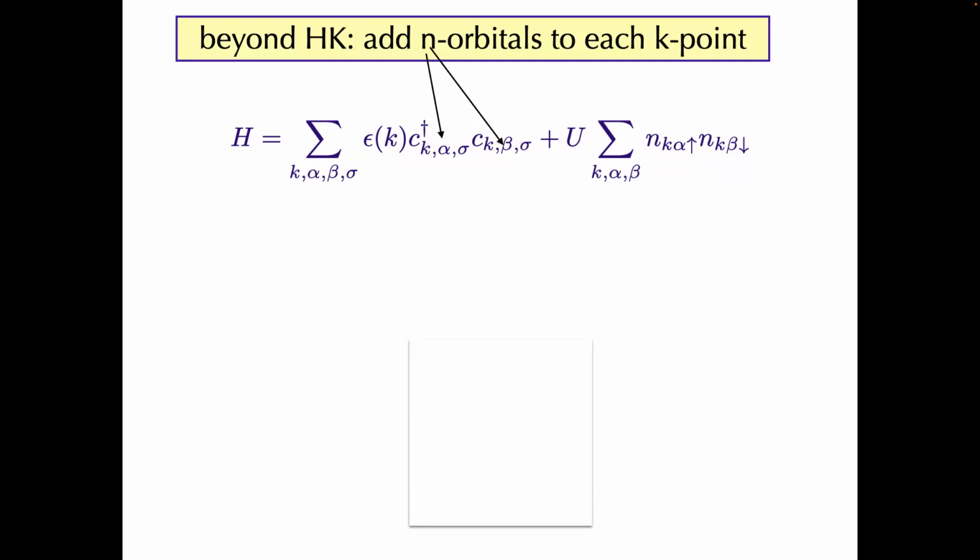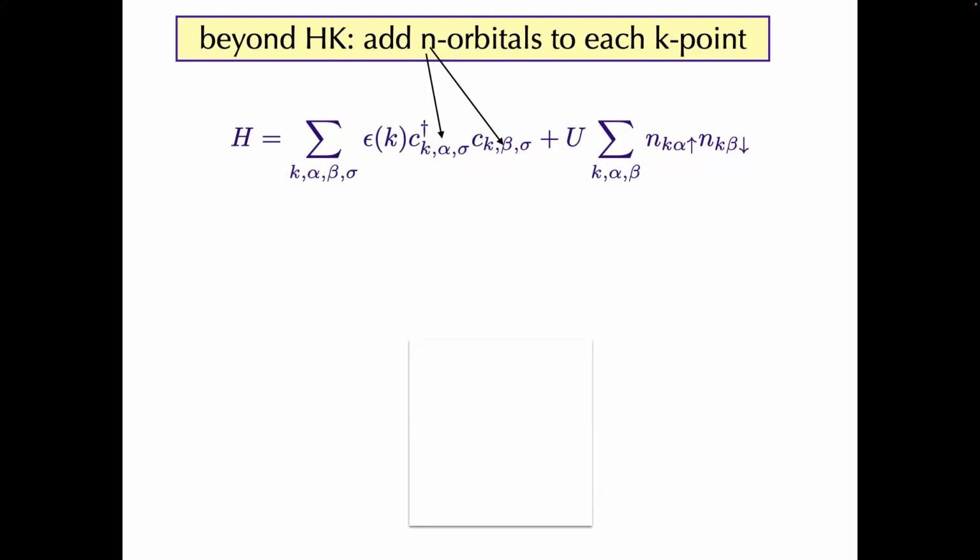Okay? So what you have to do is make sure that this term and that term don't commute. So what you do then is you add an index on each operator, which we interpret as adding n orbitals to each momentum state. And this is now just whatever the momentum is, and the kinetic energy is.